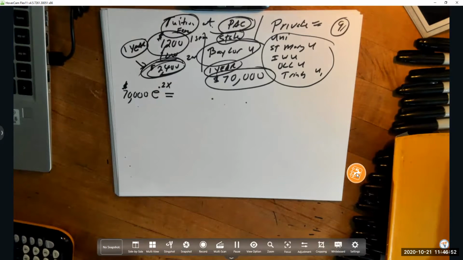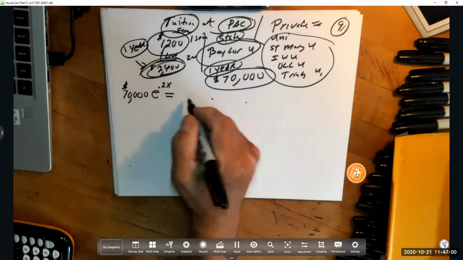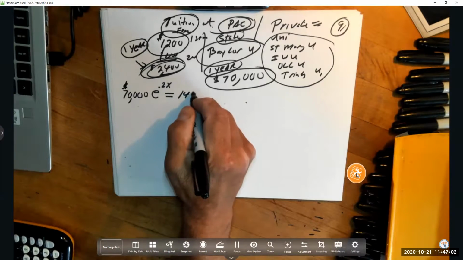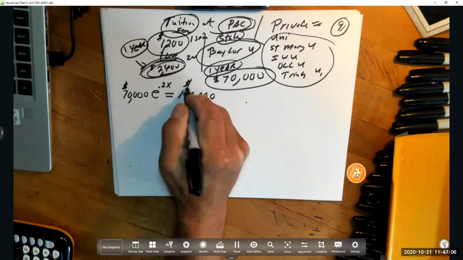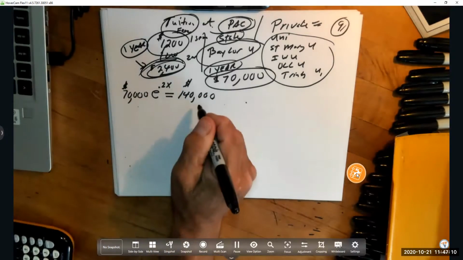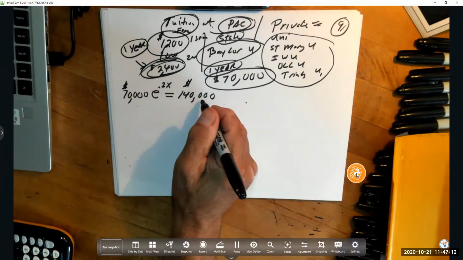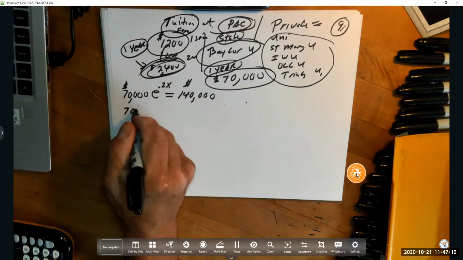Well, if you wait years from now, they're going to charge you more money. Does that make sense? How much more? Let's find out. Instead of 70, if you call Baylor in the future and ask how much your tuition is now, I bet it's going to be a gigantic number. Right now it's 70. Later on, they're going to charge you like twice the price. They're going to charge you 140.